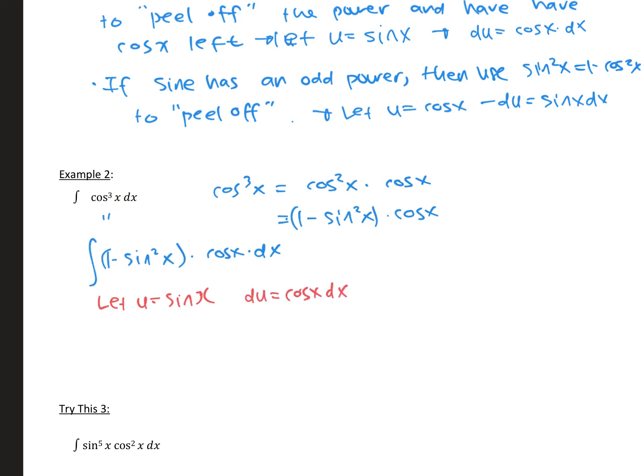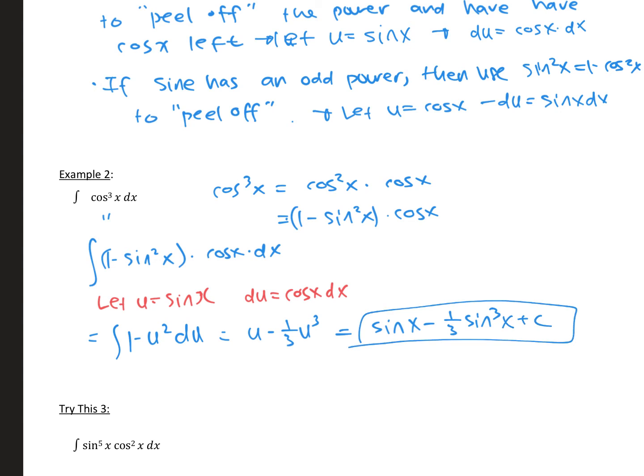Even though I didn't have a sine, I noticed that it's cosine to the 3rd power, so I split that into cosine squared and cosine, because I can make cosine squared into sine of something. Once I have it like this, it'll be just 1 minus u squared du. So that's u minus 1/3 u cubed, so sine x minus 1/3 sine cubed x plus c, and that's my answer.